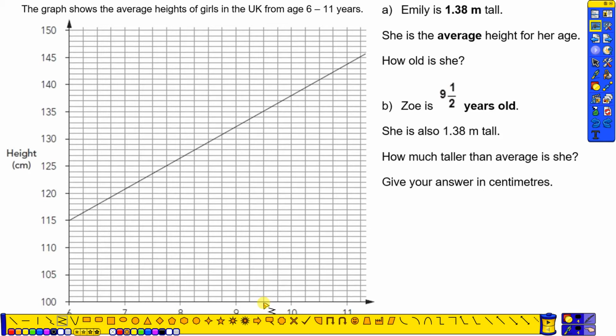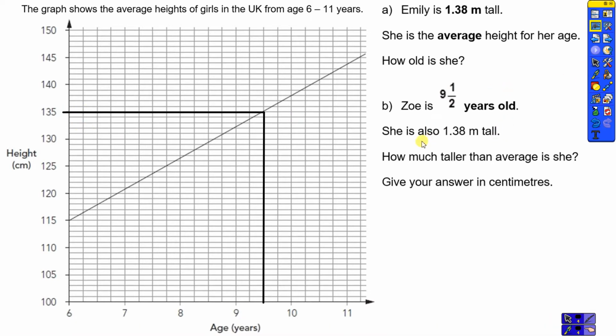There's 9.5, halfway between 9 and 10. So the average height for a 9.5-year-old is 135, but she is 138. So if we find the difference, 138 minus 135 is 3 centimetres.